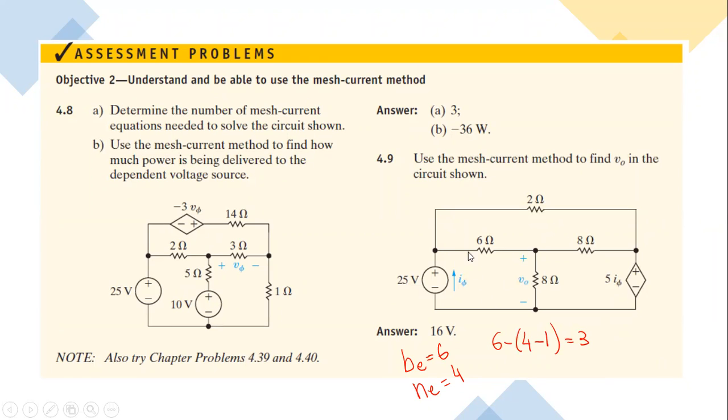And here we see, of course, that we have one mesh here, we have one mesh here, and another mesh. So this mesh could be mesh 1, this mesh could be 2, and this mesh could be 3. So you can assign them as 1, 2, 3, or I1, I2, I3, or ABC, or IA, IB, IC, whatever you choose.